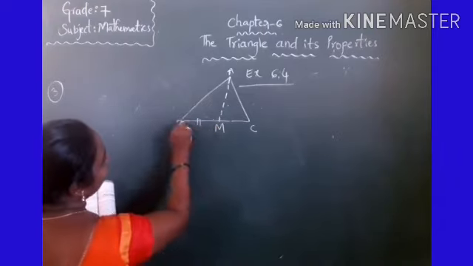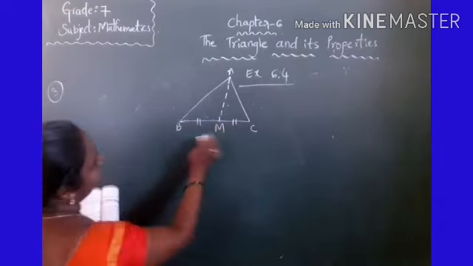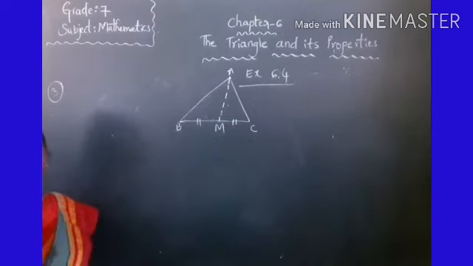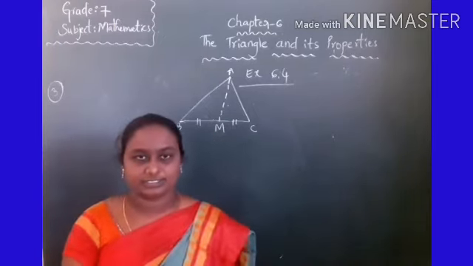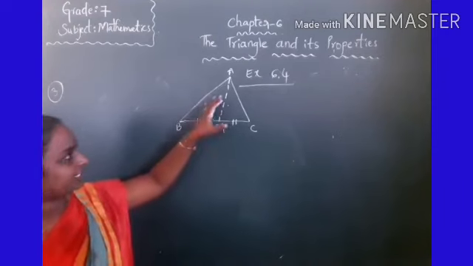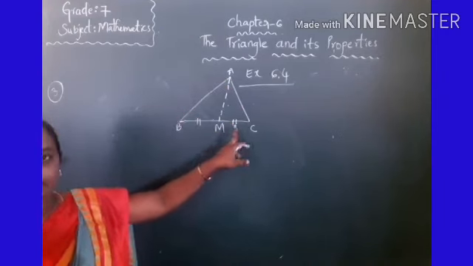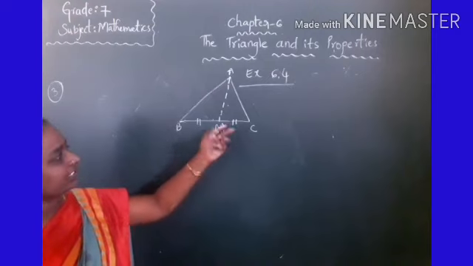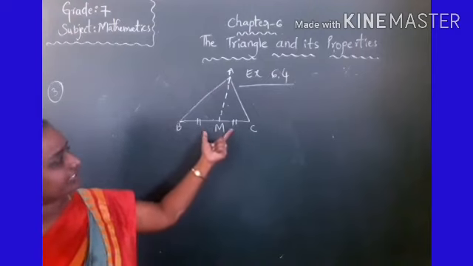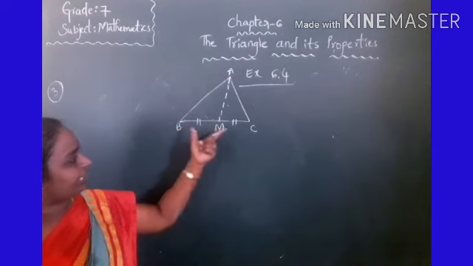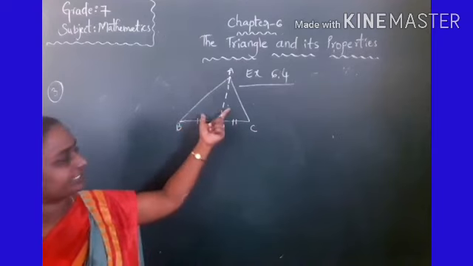Here this BM and MC both are equal. You know that median. So median is the line segment joined from vertex A to the opposite side BC. This median divides it into two parts, that is BM and MC, forming two triangles.